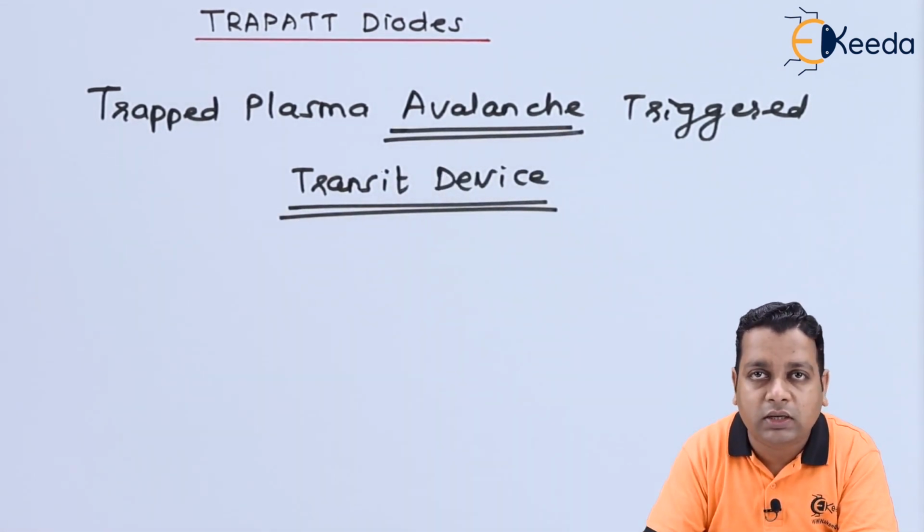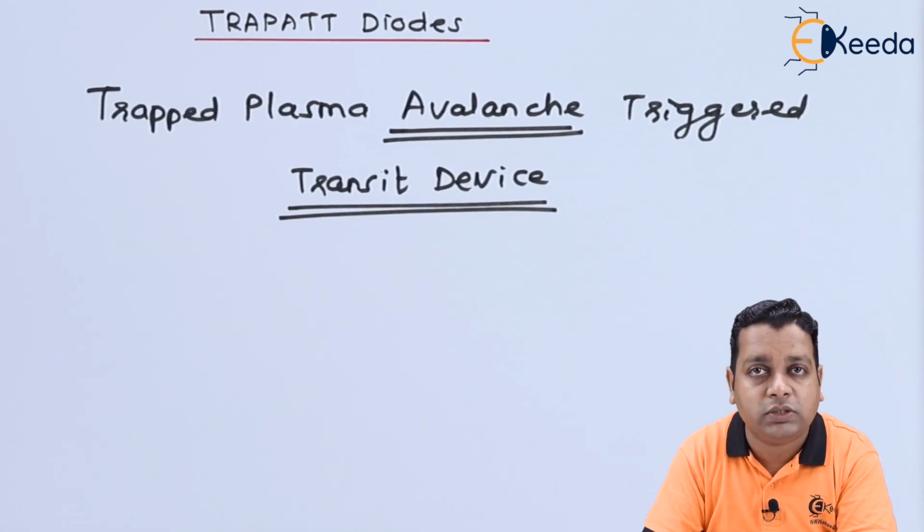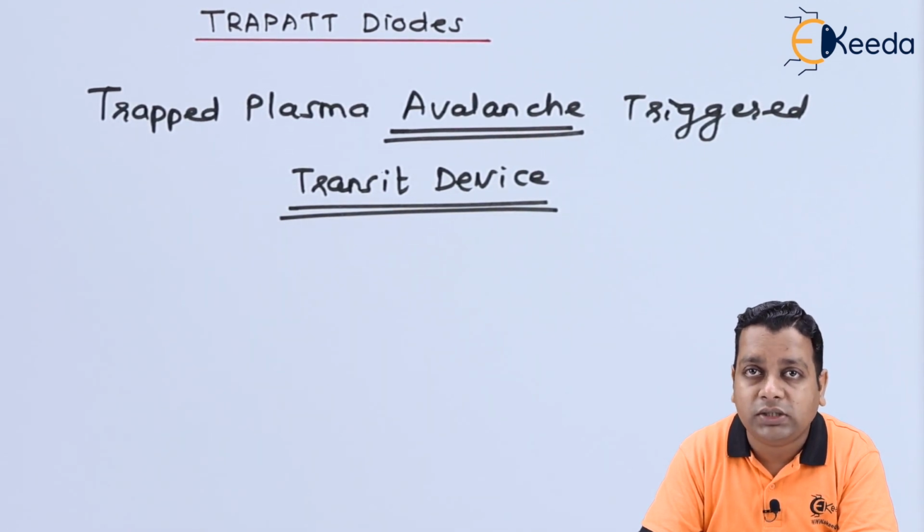So it is very clear that the avalanche effect is possible when we have a junction in the semiconductor material as a substrate of the device, and that junction is operated in the reverse bias mode.